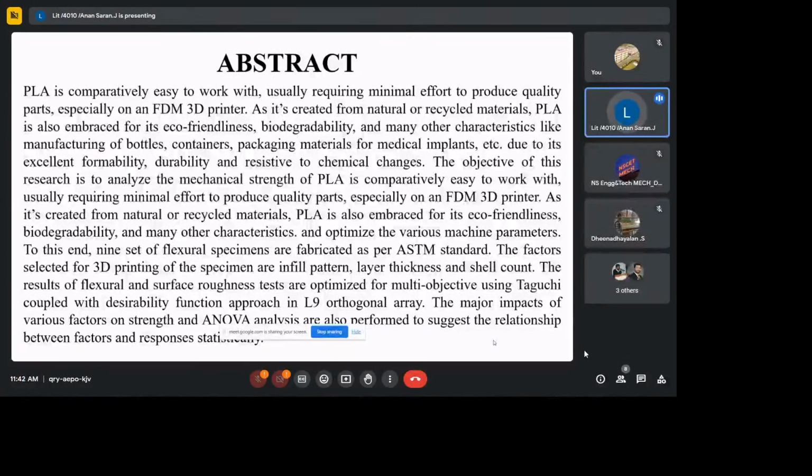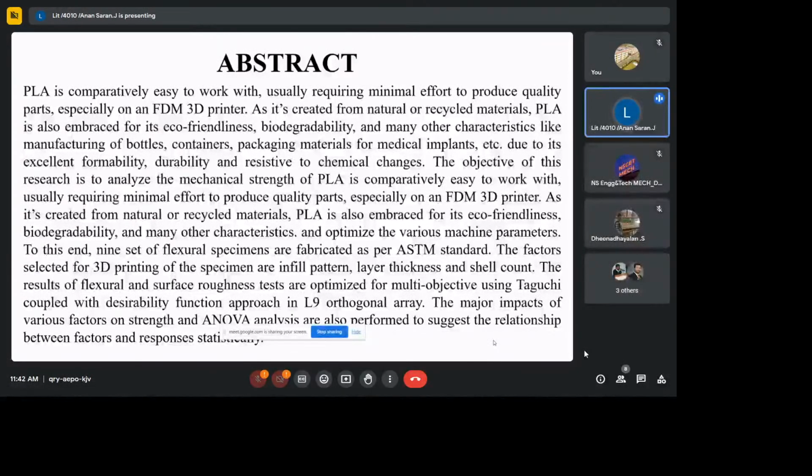Our research is to analyze the mechanical strength and durability and compare which kind of material is stronger and more durable. We are taking 9 types of samples using the 3D printer machine.